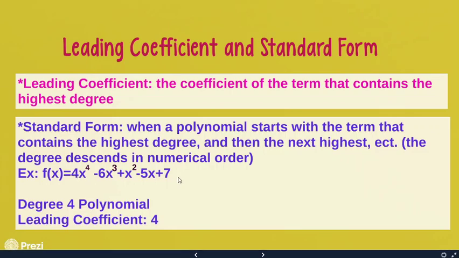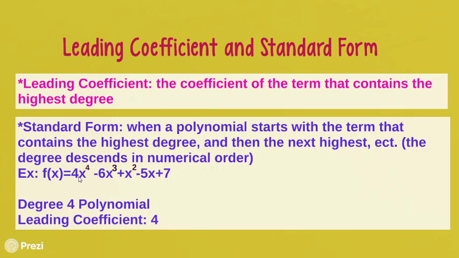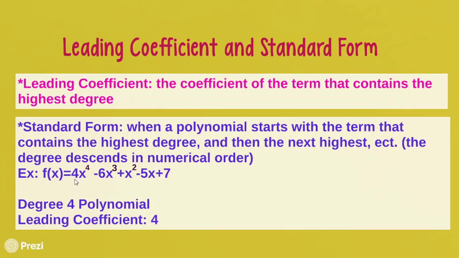So what number is in the front? Well, in this one, 4 is in the very front of your polynomial, so the leading coefficient is a 4. So if you line up your polynomial in standard form, it's really easy to find things like the degree and also your leading coefficient. That's why standard form is helpful.